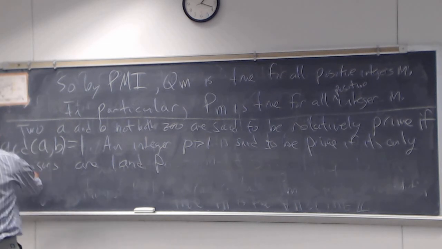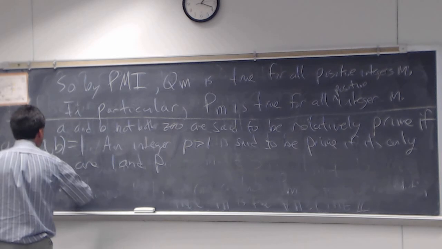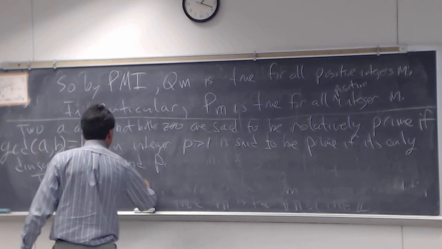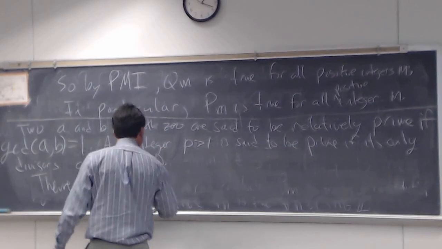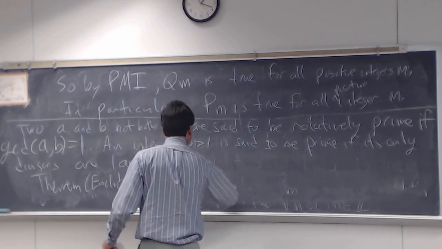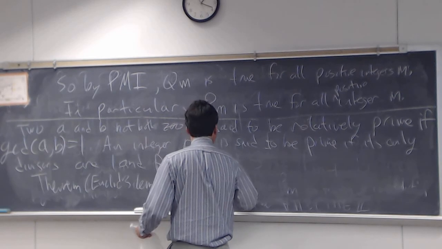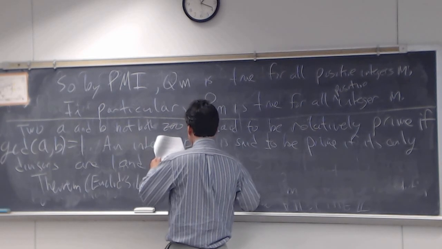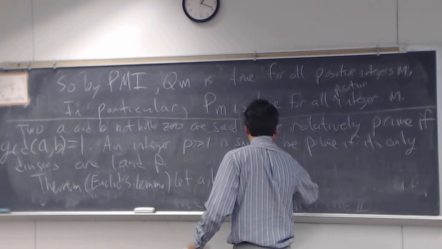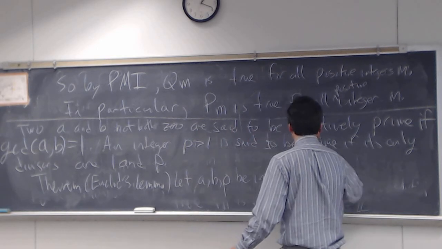And so we'll now prove a theorem, Euclid's lemma. Theorem: let A, B, and P be integers with P prime.